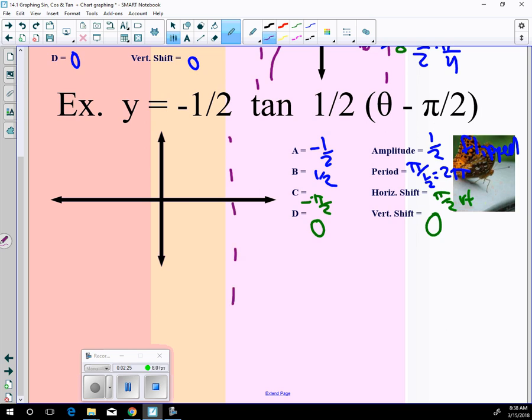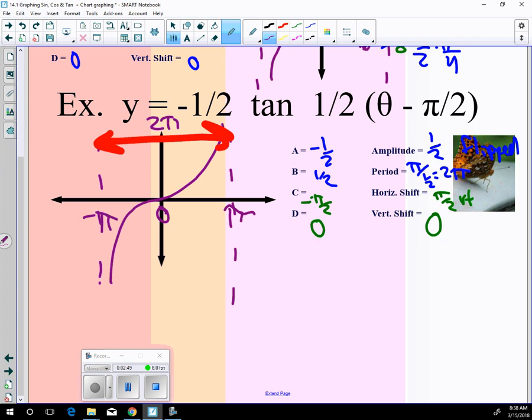So you draw the asymptotes, sketch the tangent going up to the asymptotes, and the period here, from here to here, is 2 pi. So if this is 0, where's this asymptote at? Pi this time. How many had that? Good.